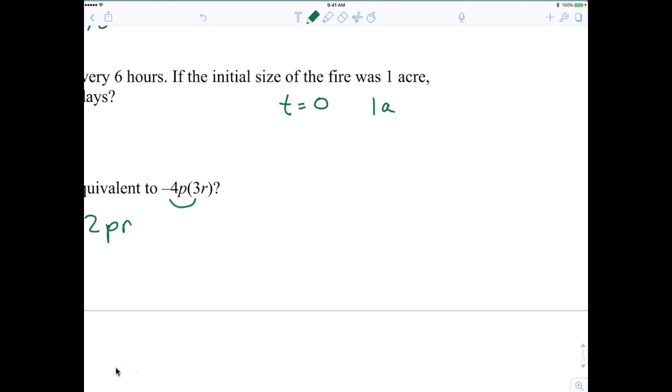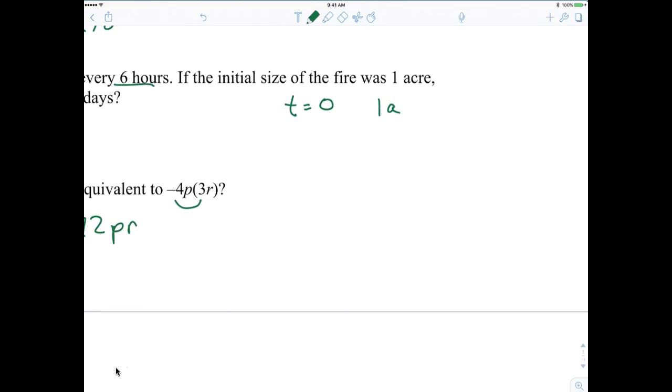Then it says every 6 hours it doubles. So underneath that I want you to say, well, after 6 hours, how many acres are affected? After 6 hours, how many acres are affected? 2. Why 2? It's doubling. Is everybody with me? So hold on, Cole, what do you think the next step is?